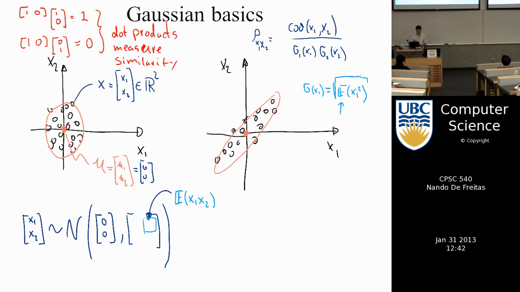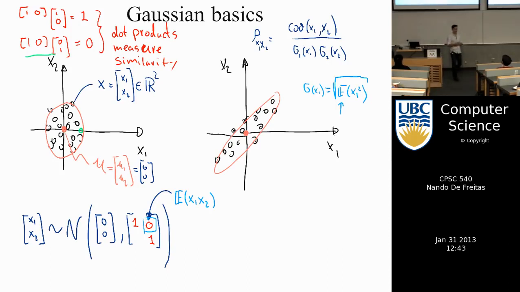Let's assume that this entry is 1 and this entry is 1, because let's just normalize so that the variances are 1. Then in this case, I would expect this to be 0. Because I can very easily pick 2 points in this cloud that have this property.